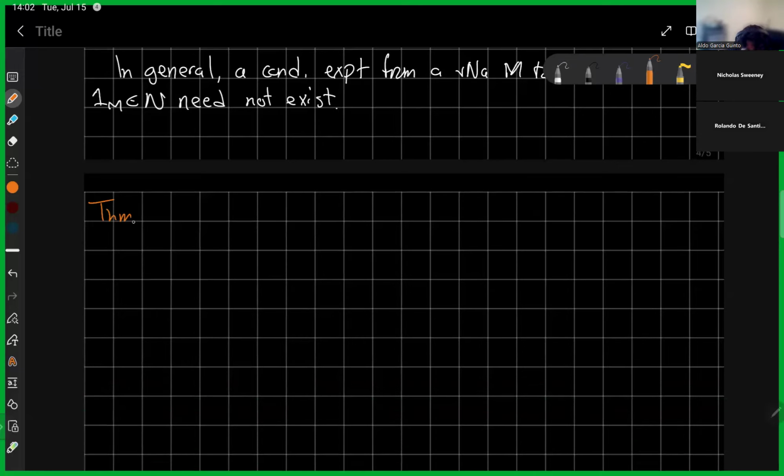So theorem 5.27. Let tau be a trivial polynomial algebra.